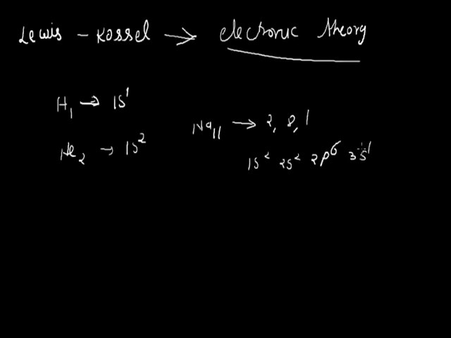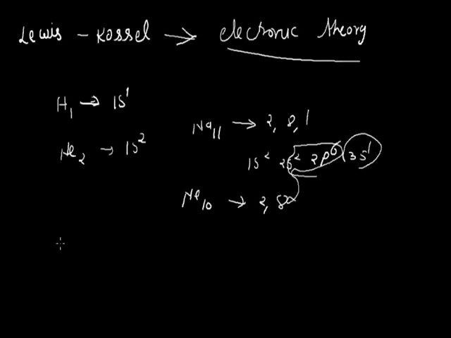The outermost shell of sodium contains 1 electron, and neon, that is 10, is 2, 8. Sodium has a tendency of losing 1 electron. So by losing 1 electron, it can have 8 electrons in its outermost shell like neon. Therefore, this concept is also called the octet rule.